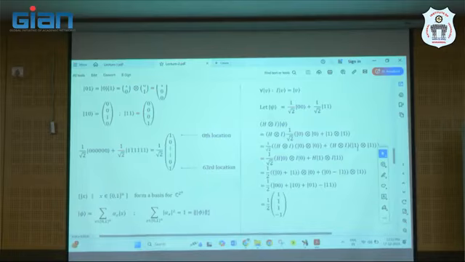It means 1 over square root 2, and this means 1 is in the 63rd location. Why 63rd? Because there are 6 bits, 2 to the power 6. How much is 2 to the power 6? 64. But we are writing from 0, so it will be 63rd. Agreed?